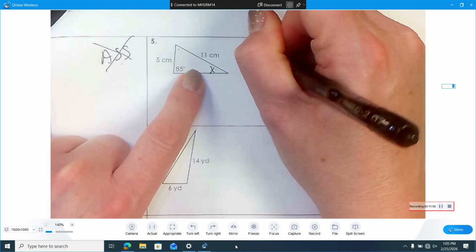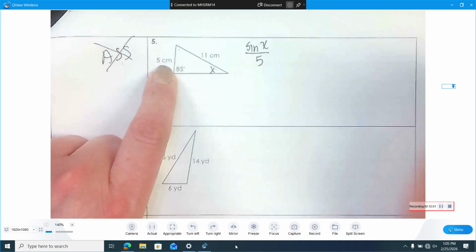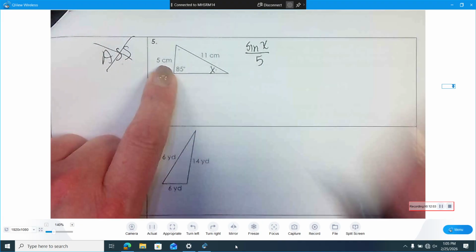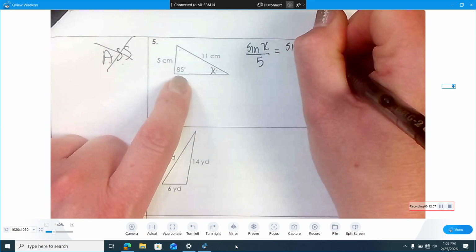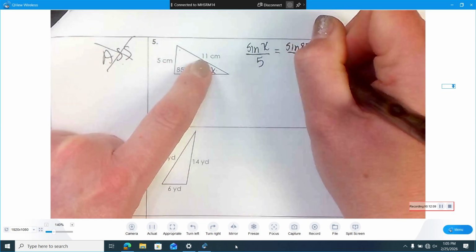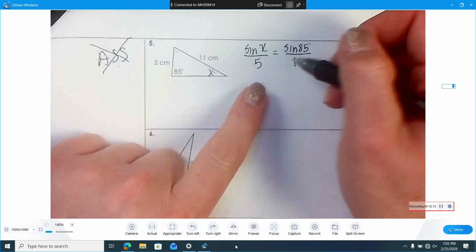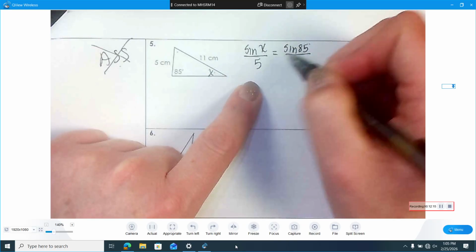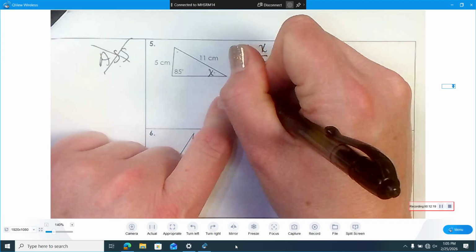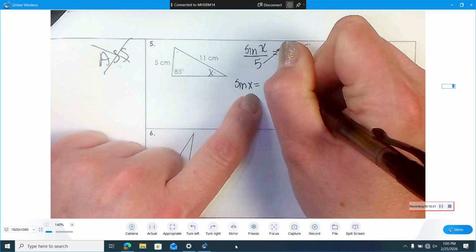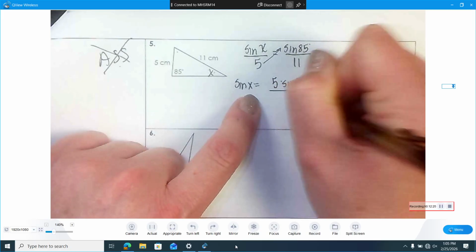So sine of my angle x over its opposite side of 5 is equal to sine of my angle 85 over its opposite side. I'm going to cross multiply. Actually, can I just multiply by 5? So sine of x is equal to 5 times the sine of 85, all divided by 11.